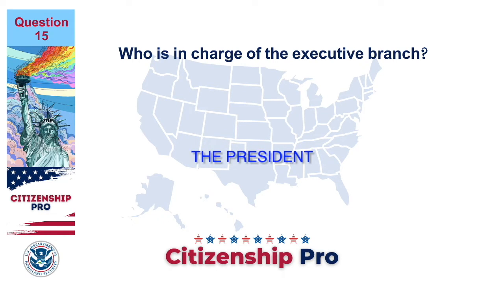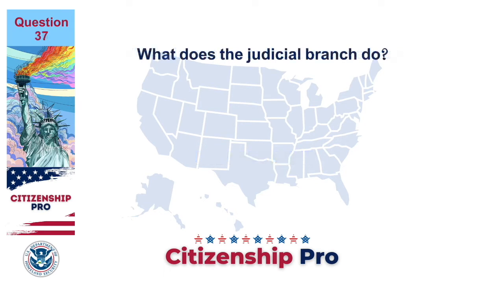The President. What does the judicial branch do? Reviews laws.